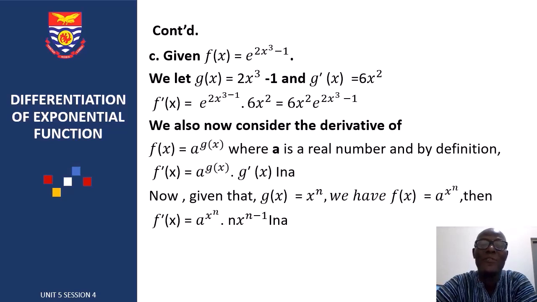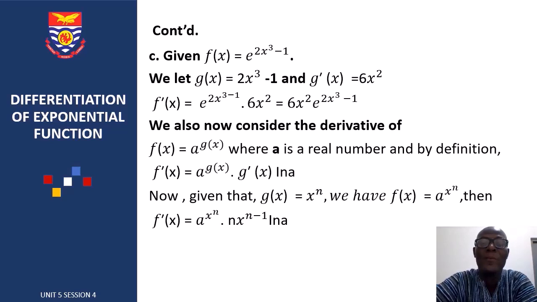Now, to find the derivative of f of x, we multiply the derivative of g of x by the given function, and that gives the derivative of f of x to be e exponent 2x exponent 3 minus 1 multiplying 6x squared, which gives 6x squared e exponent 2x exponent 3 minus 1.